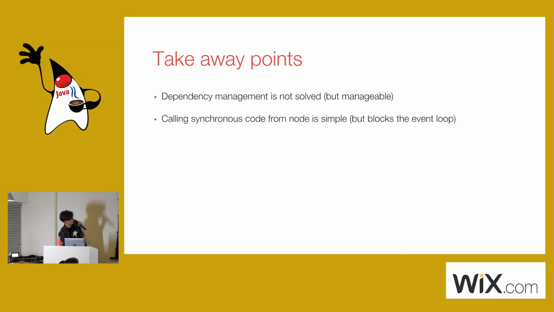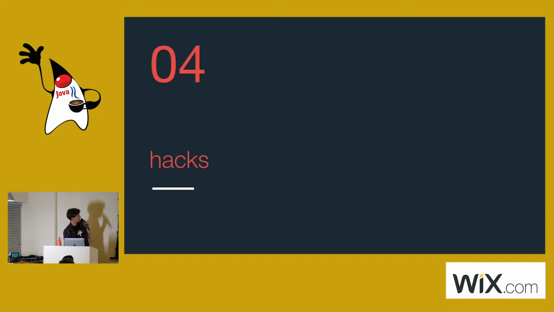Calling synchronous code from Node is simple. As you saw, if it's a static function, you just get a function in JavaScript, which is amazing actually, except that it doesn't really work that well with the Node.js event loop model. And calling asynchronous Java code from Node.js is not solved. So now we get to the hacks.